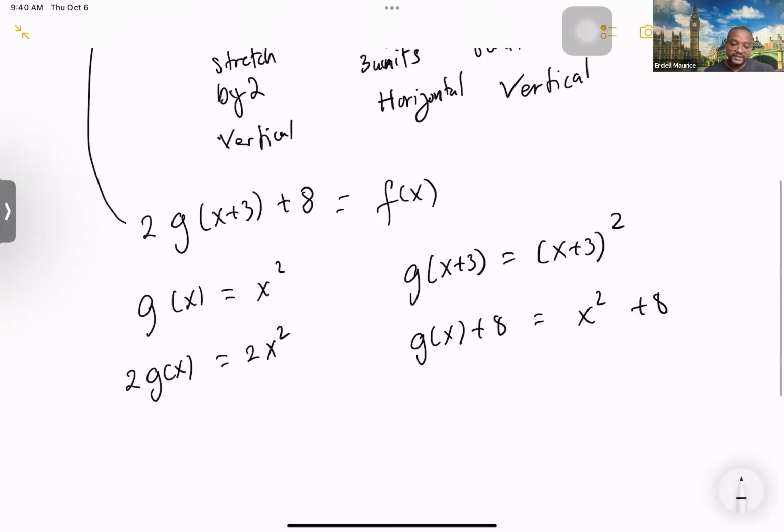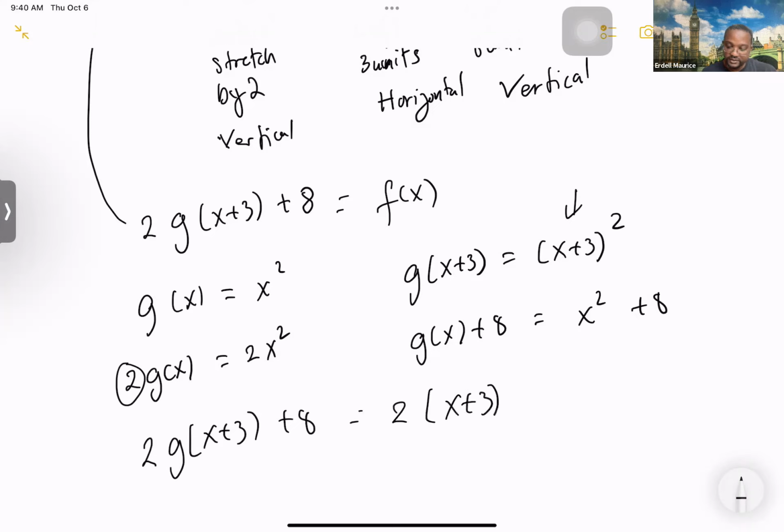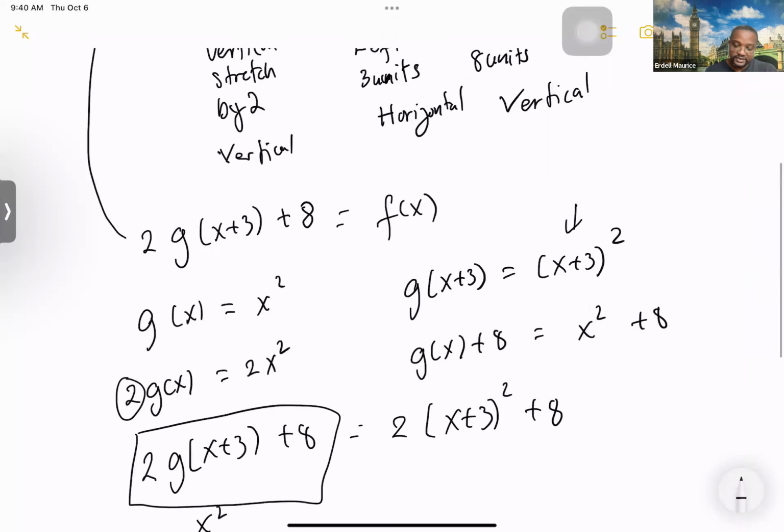Putting it all together, 2 times g of (x plus 3) plus 8 means 2 times (x plus 3) squared plus 8. The thing that throws students off is that I don't see x squared in this one, but it's established that g is an x squared function.